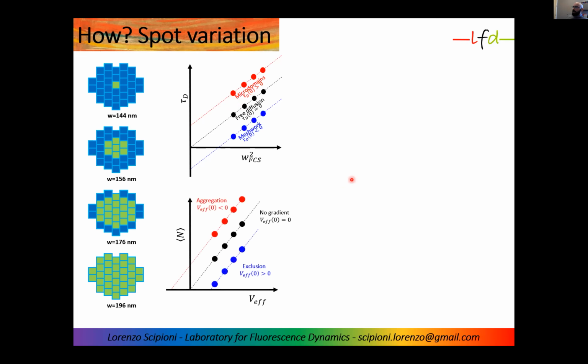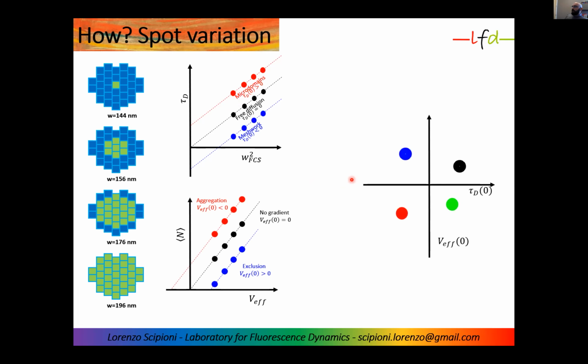One other thing that we added is looking at the number of molecules as a function of the effective volume. This will report also on aggregation and exclusion of the molecules. So you're looking at an area which excludes the molecules, or a sort of domain in which the molecules are more concentrated.